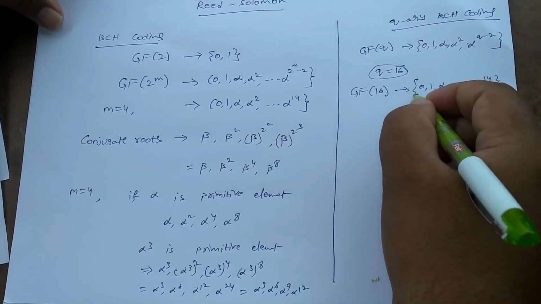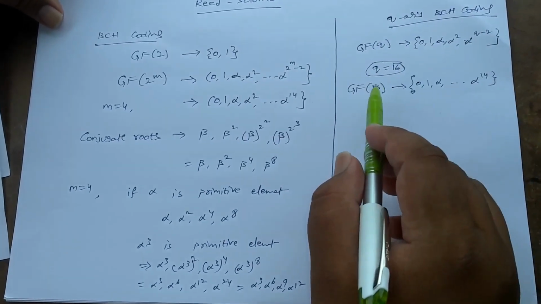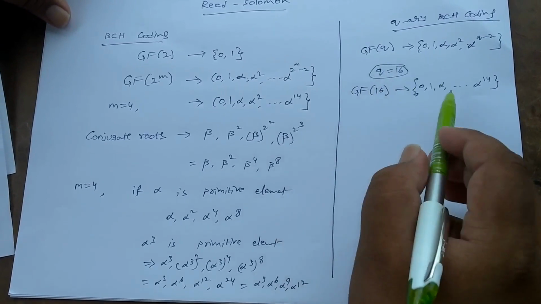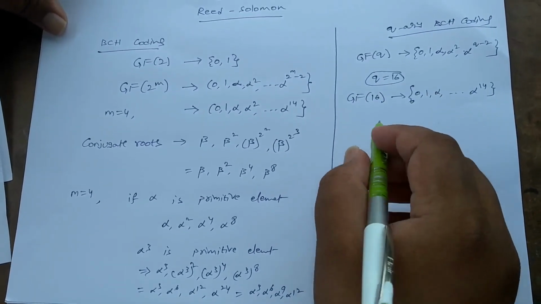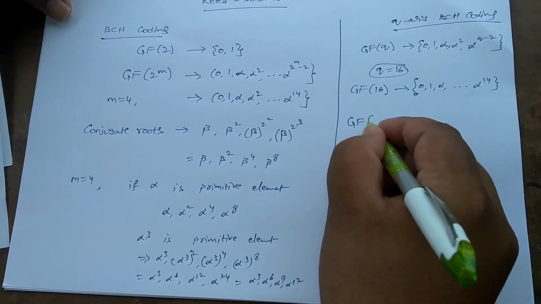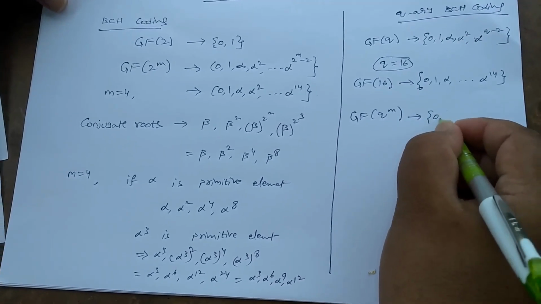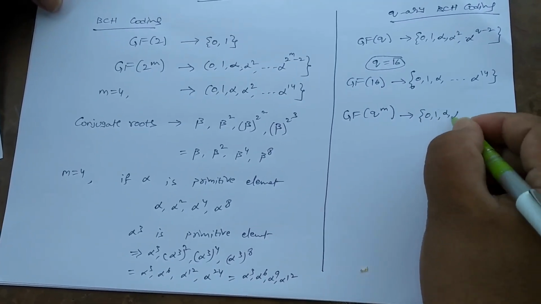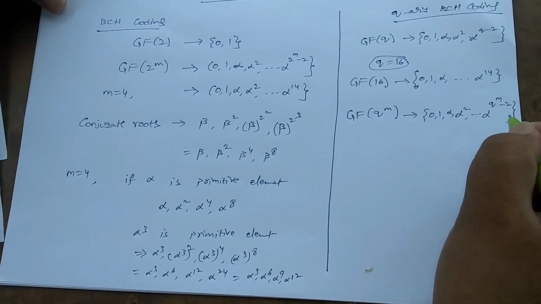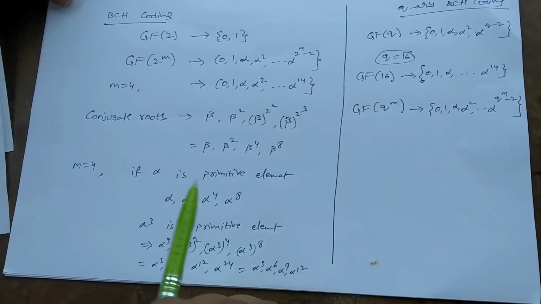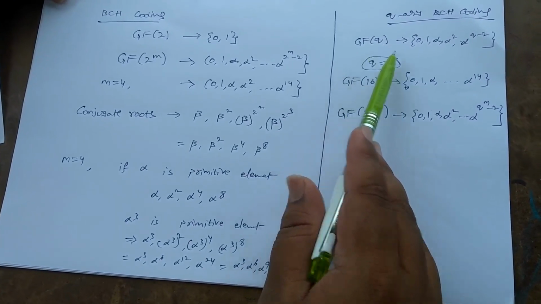It is the same as GF of 2 power 4, but Q-ary BCH coding is represented with GF of Q. Similar to the BCH coding, here also there is an extension field GF of Q power M, and the elements are 0, 1, alpha, alpha square, up to alpha power Q power M minus 2. So here we are comparing BCH coding with Galois field base 2 and Galois field of Q.